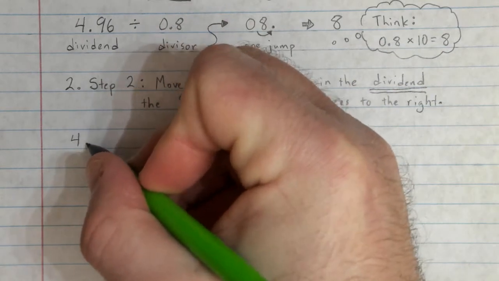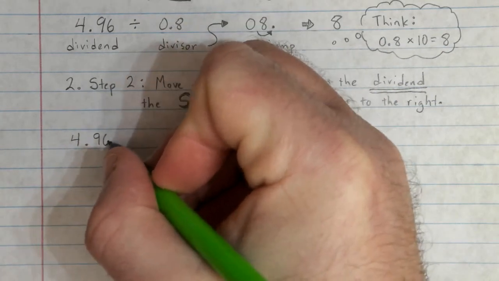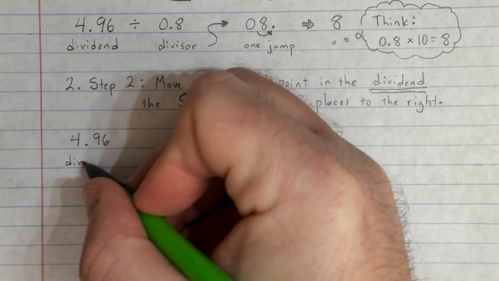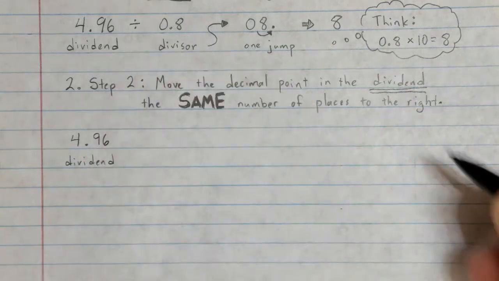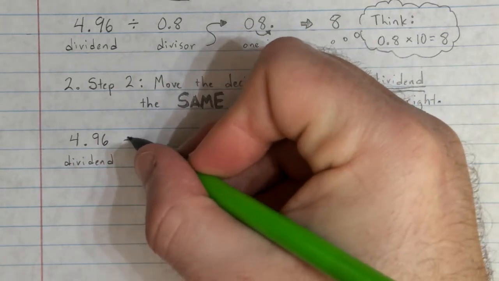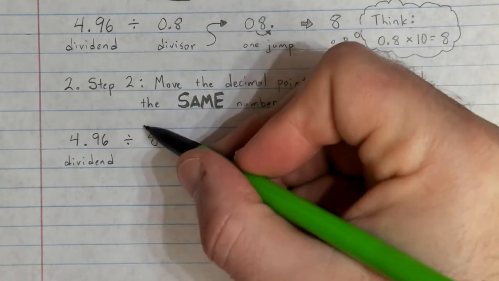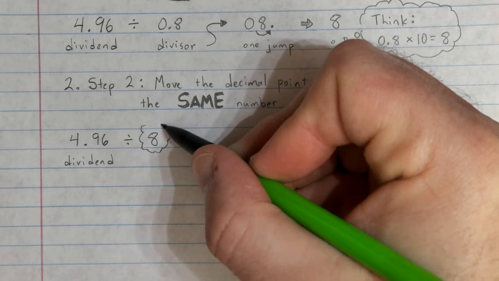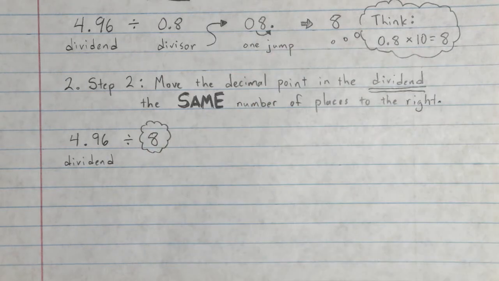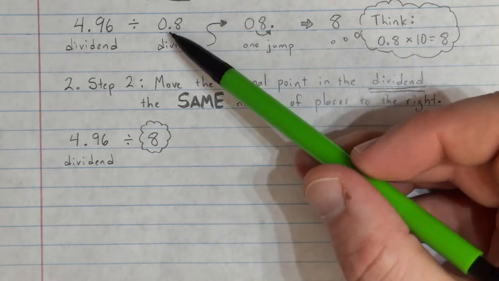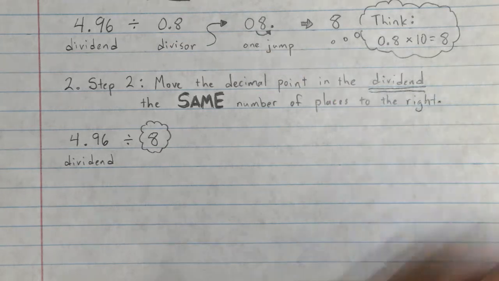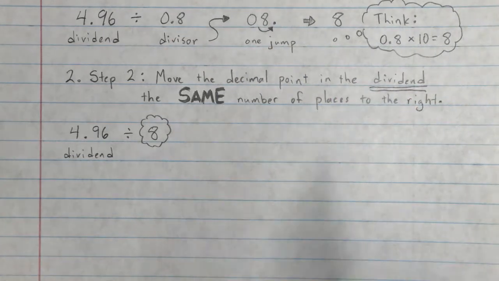Now I've got 4 and 96 hundredths to start. Remember, that was our dividend. Divided by, I changed the divisor. I turned it into, well, I'm pretending that it's 8 because I moved the decimal point over one spot.